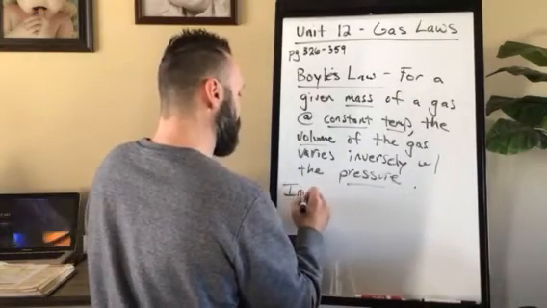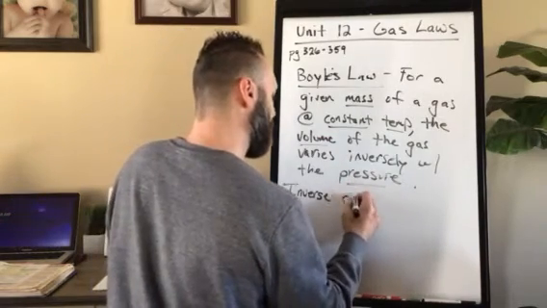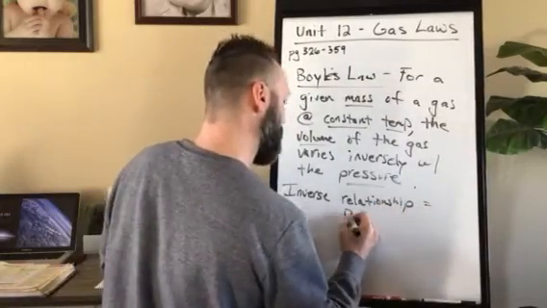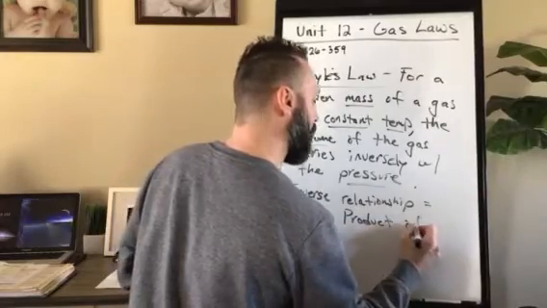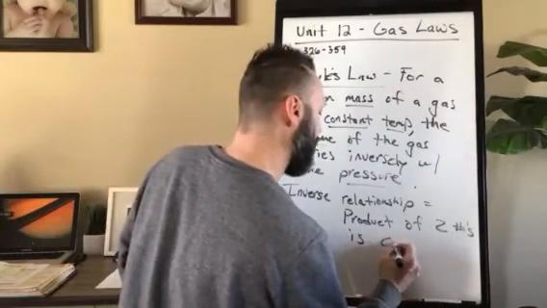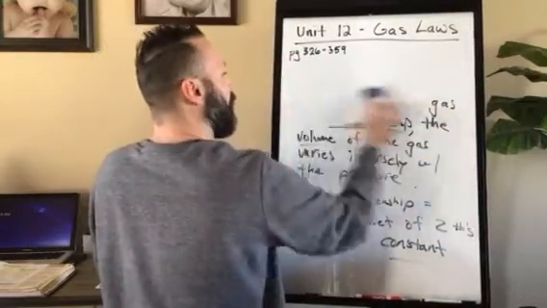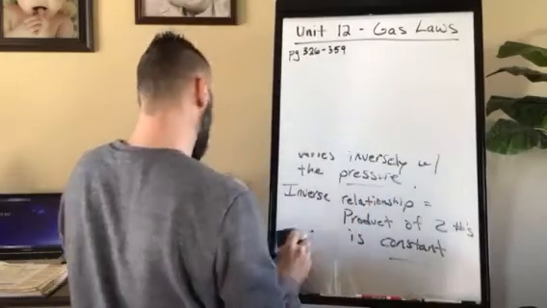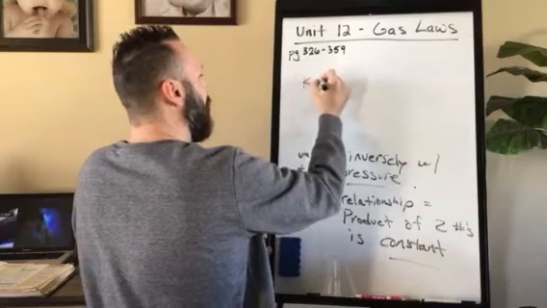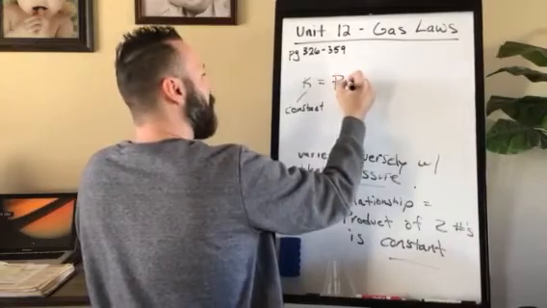In an inverse relationship, the product of our 2 numbers is going to be our constant. Okay, and that constant we're going to label with K, and it doesn't have a unit. Most constants don't. So our K, which is our constant, is going to be equal to P times V, pressure times volume.